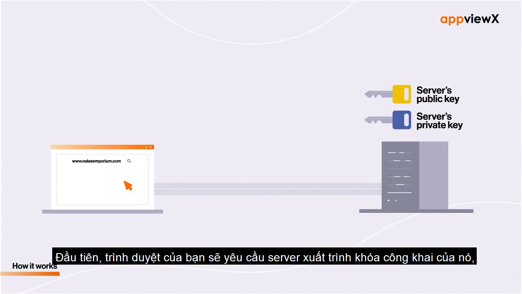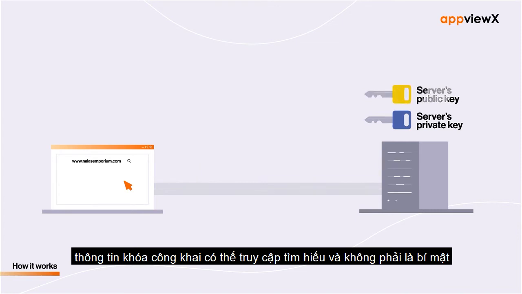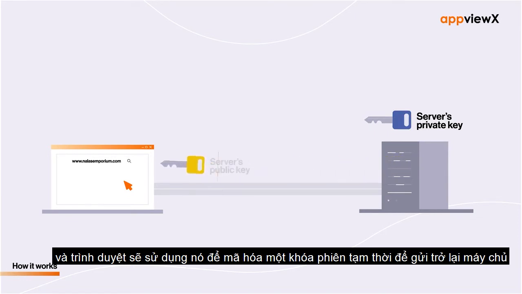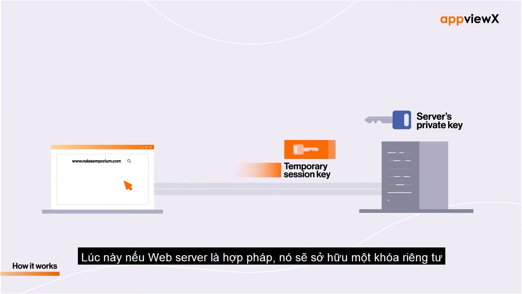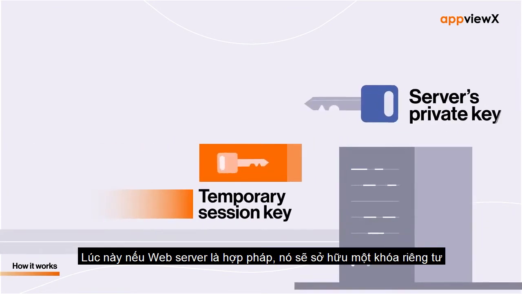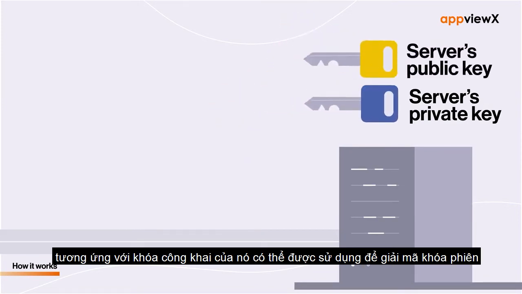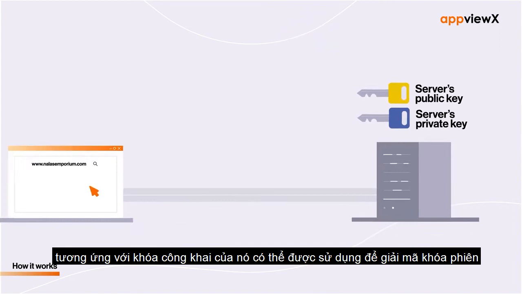First, your browser requests the server to present its public key. Public key information is accessible online and is not secret. The server complies by sending the browser a copy of its public key, and the browser uses it to encrypt a temporary session key, which it sends back to the server. Now, if the web server is legitimate, it will possess a secret private key that corresponds to its public key, which can be used to decrypt the session key.